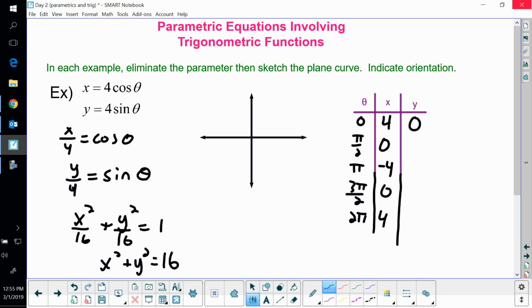So we start at 0, 0, 4, 0, negative 4, and 0. So now our first point is at 4, 0. And the second one is at 0, 4. And then we go around this way. So different starting point and different orientation for our circle.